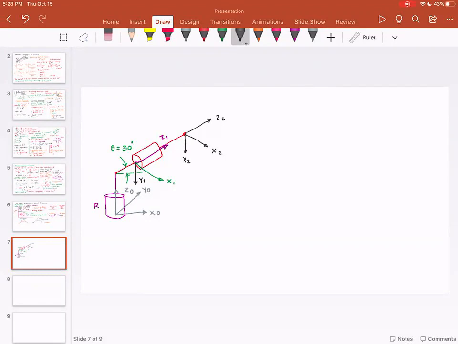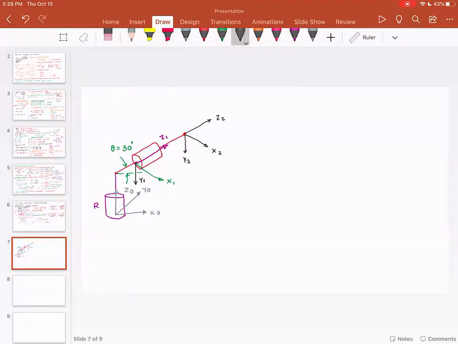First and foremost, z1 and z0, they are going through the joint. That's great. x0 is perpendicular to z0. Now, let's look at x1. Now, x1 is perpendicular to z1.